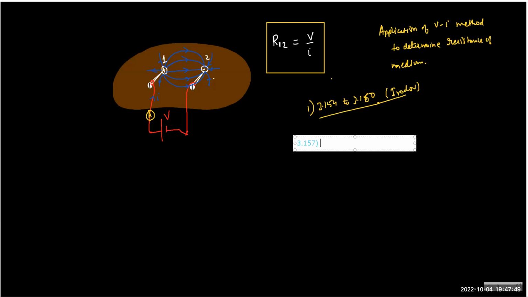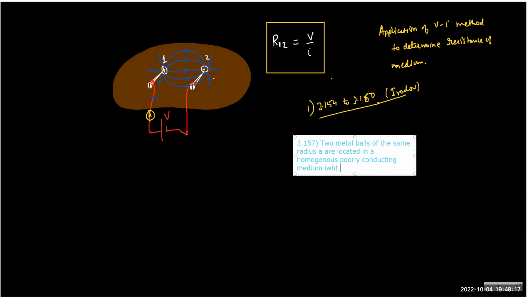Okay. The question is: two metal balls of the same radius A are located in a homogeneous, poorly conducting medium with resistivity rho.